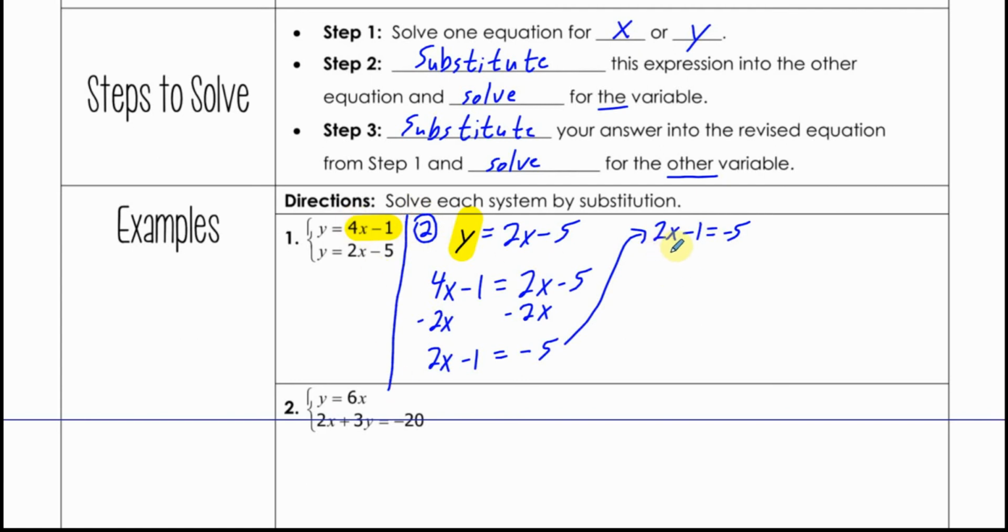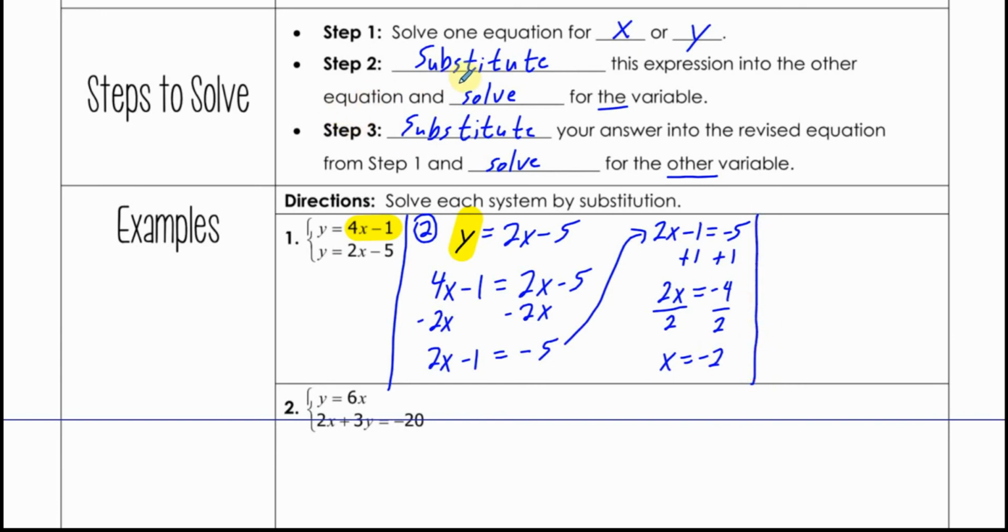Right, so we're still solving for x. So now we're going to do plus 1, to undo minus 1, we do plus 1. Right. Negative 5 plus 1 is negative 4. We now divide. It's 2 times x, so we divide by 2. We get x equals negative 2.